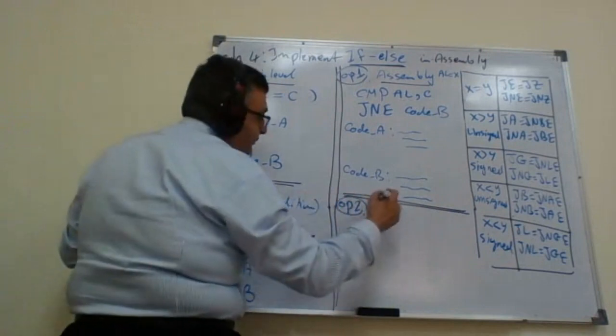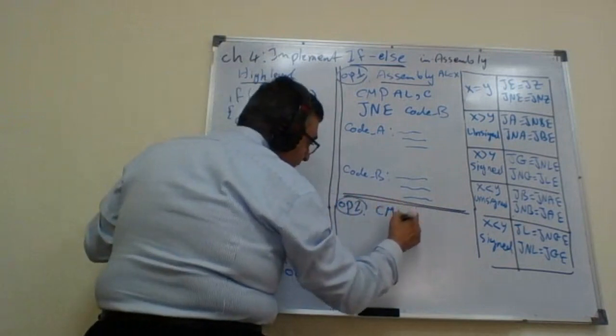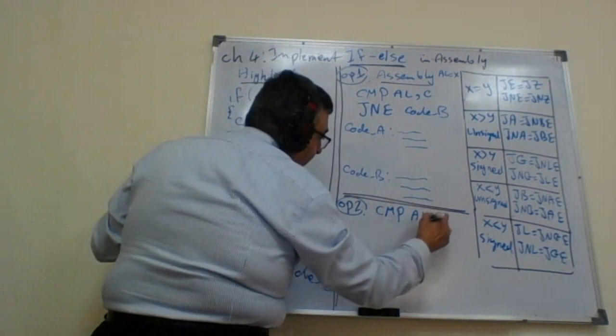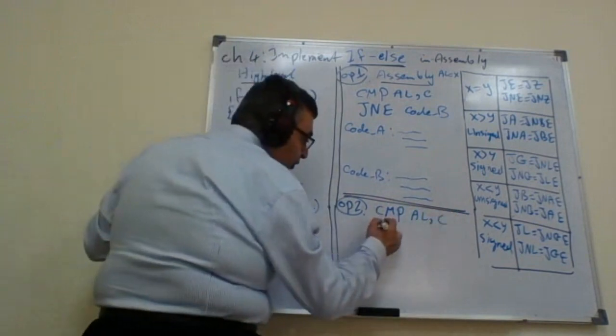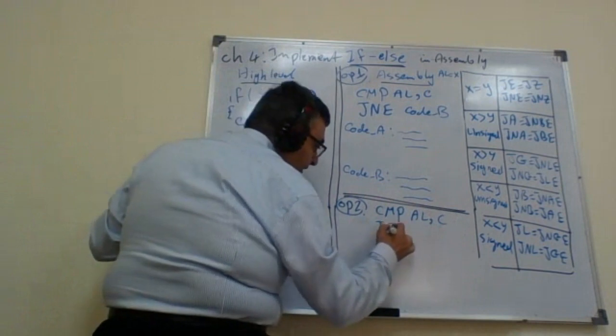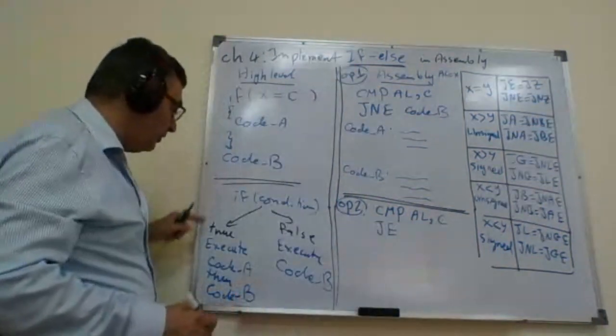Here I have to first also compare between AL and C. And then I want to jump if equal. If they are equal, what shall I do?